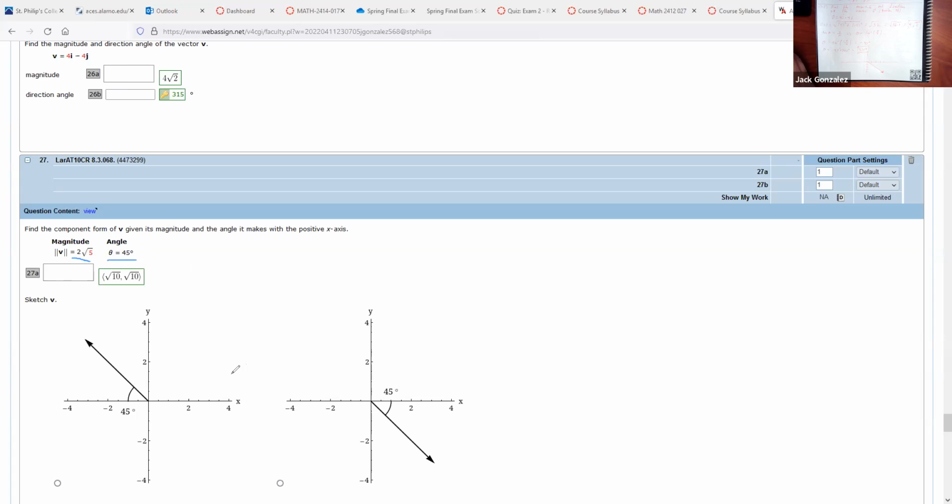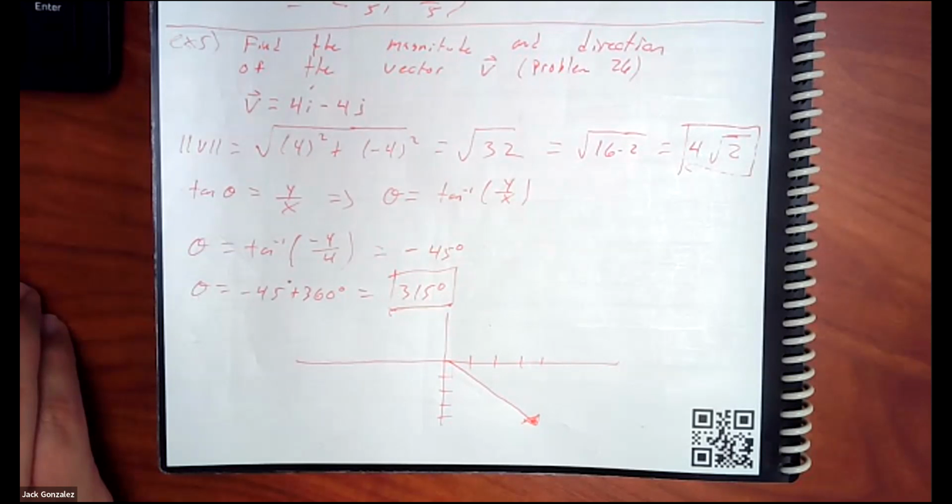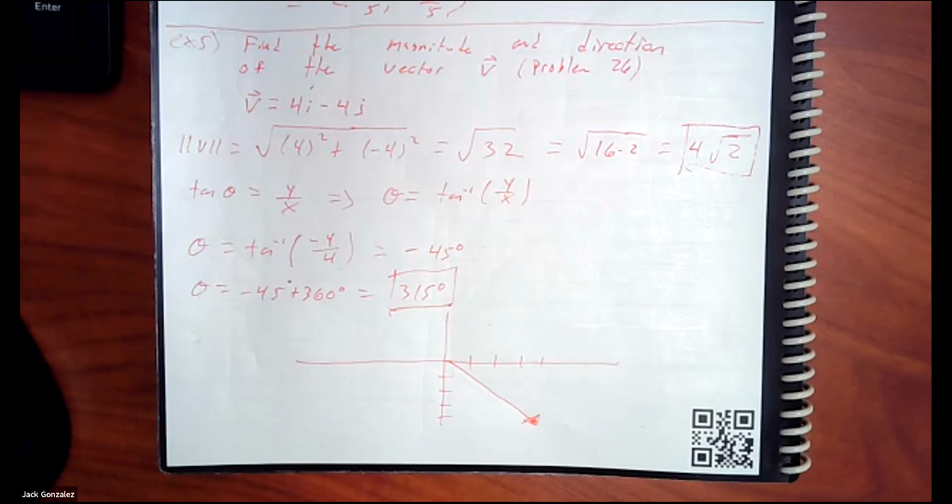So find the vector that's this long and goes in this direction. So we're going to need a formula. We'll do it on example 6. You guys cool on this page here? There's no rush. Good.